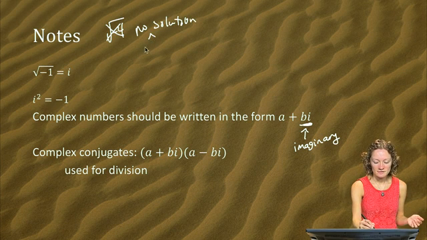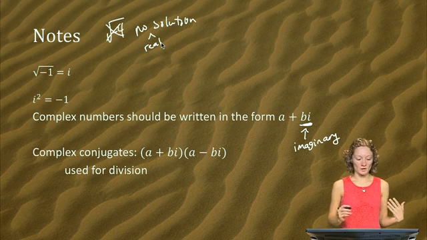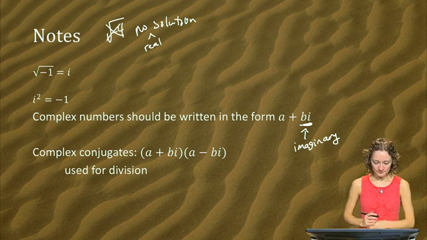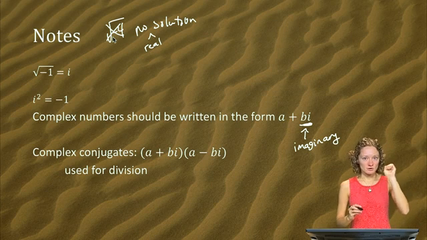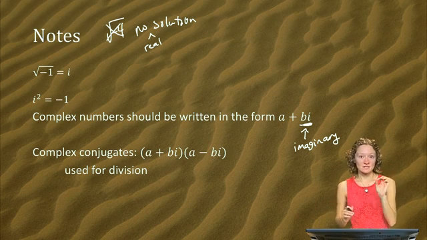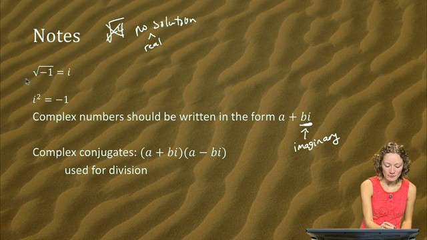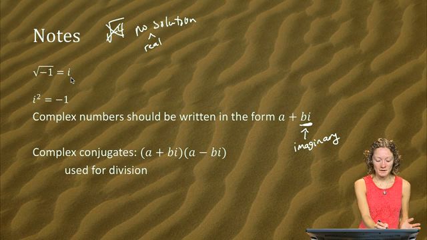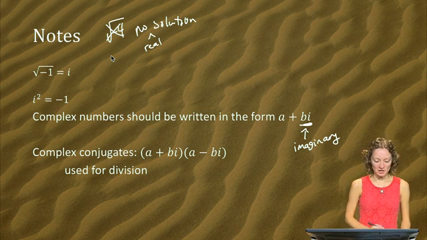But the truth is, there's just no real solution. There is a complex or imaginary solution. So that negative, just think of it as a different piece. You've got a number that you deal with, you've got variables that you deal with. That negative is another thing you deal with under the radical. If there's a negative, it comes out of the radical as an i, meaning an imaginary piece. You don't get a real solution, you get an imaginary one.